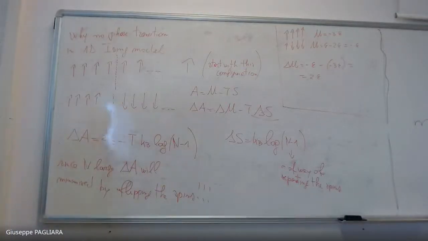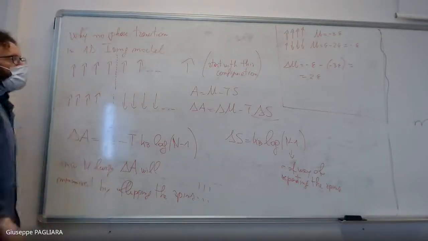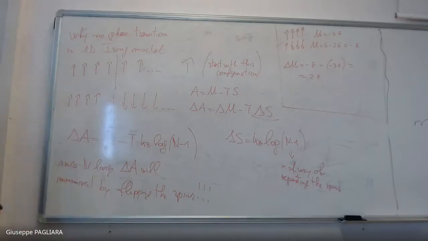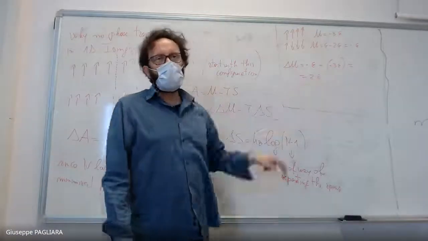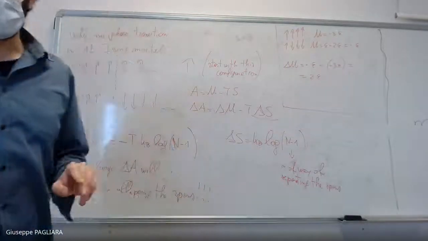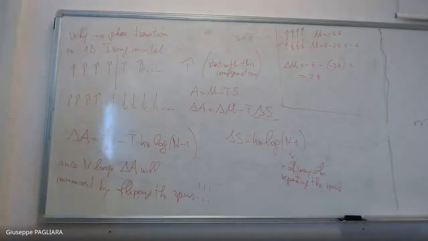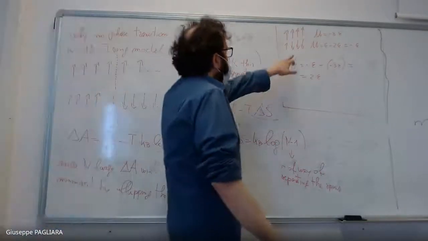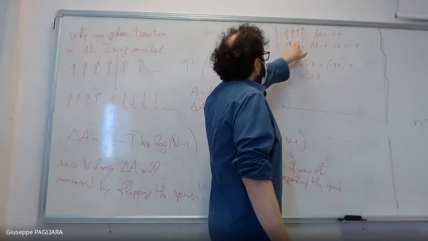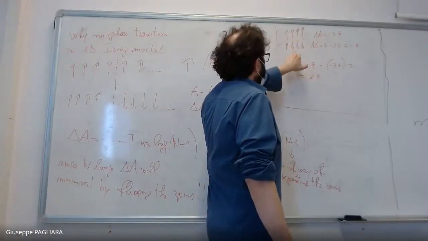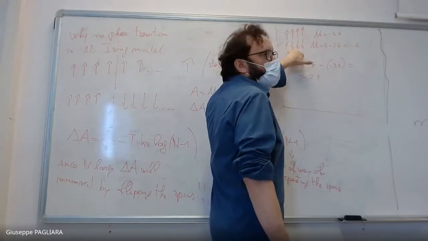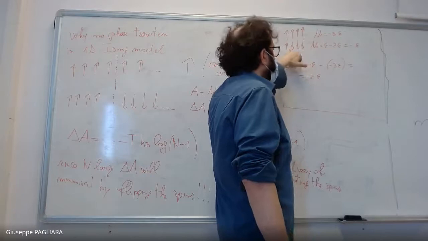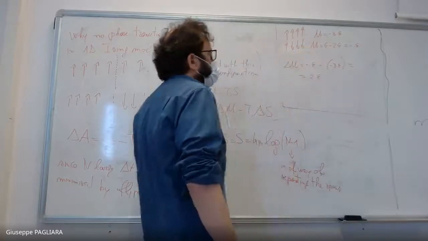So when I do this flip, I get an additional contribution to the internal energy, which is twice epsilon, which corresponds to the fact that we are losing pairs. Here we have 1, 2, 3 pairs, whereas here we have 1 and 2 pairs. But then we have this term which contributes with a positive epsilon, whereas those are contributing with a negative epsilon.